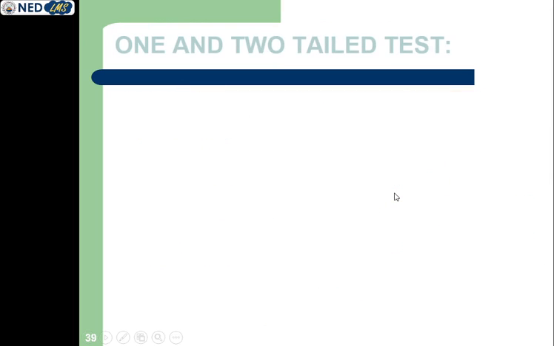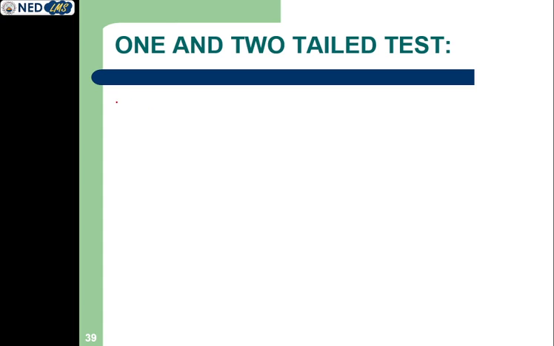Okay, now student, another branch of testing of hypothesis is the one tail and two tail test. One tail and two tail tests depend upon the alternative hypothesis. This is the topic in which we discuss the alternative hypothesis.